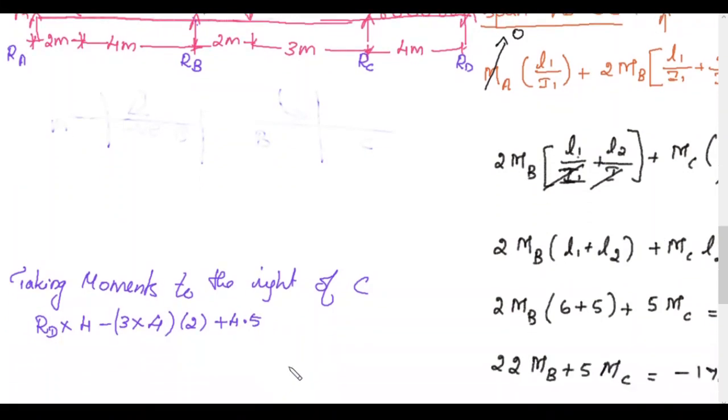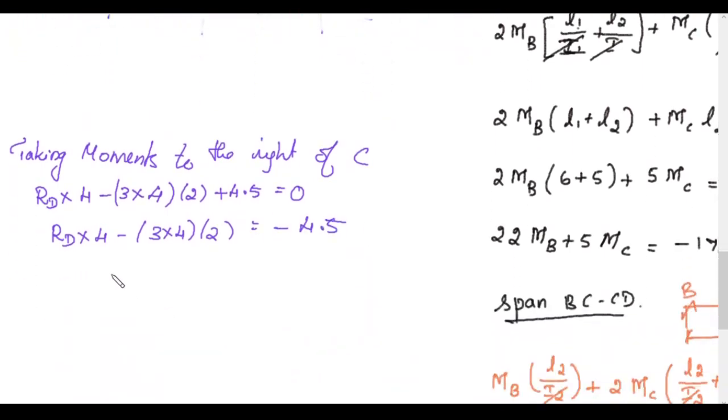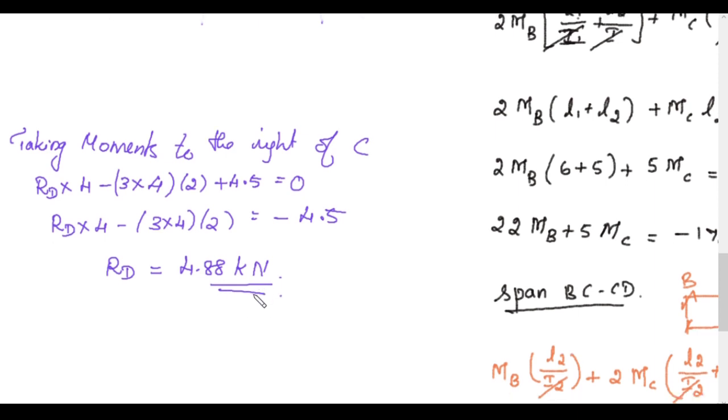Otherwise, RD into 4 minus 3 into 4 into 2 is equal to minus 4.5. Both are the same. You can do this in this way also. From which you get RD is equal to 4.88 kilonewton.